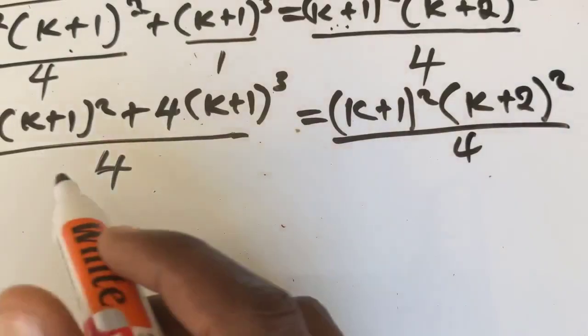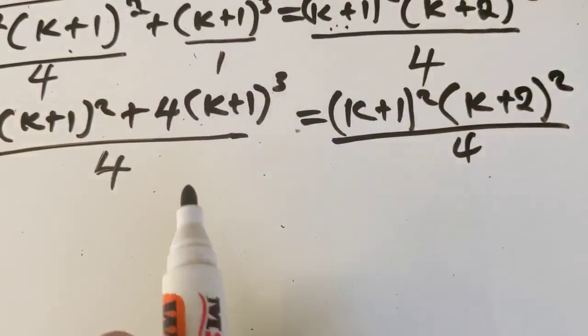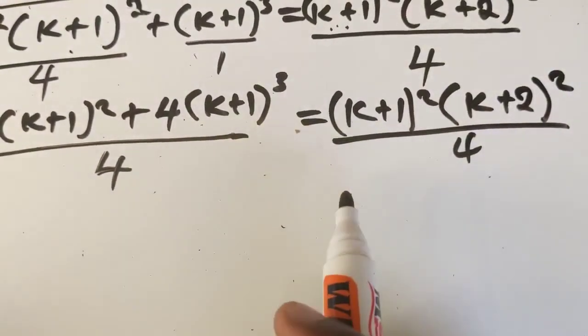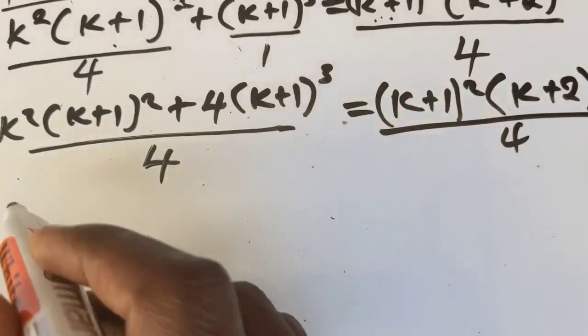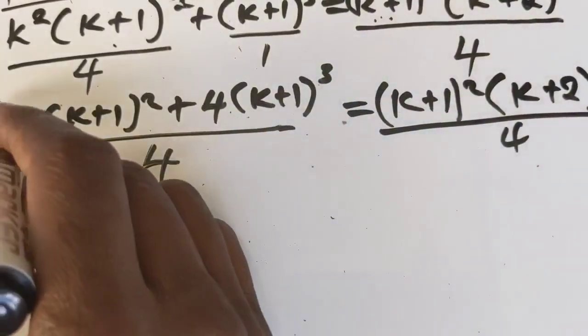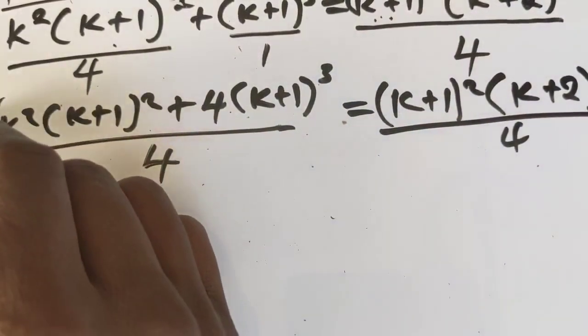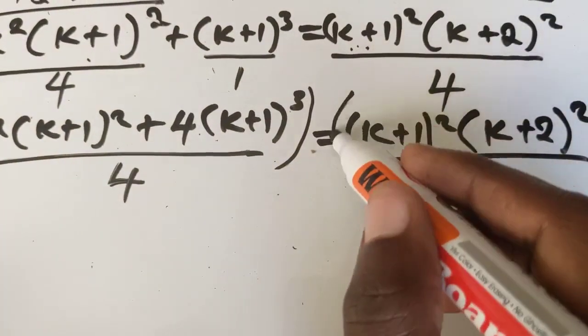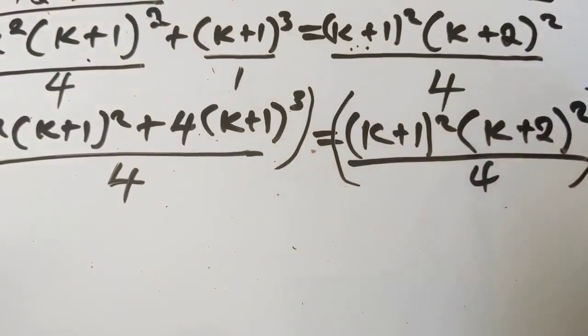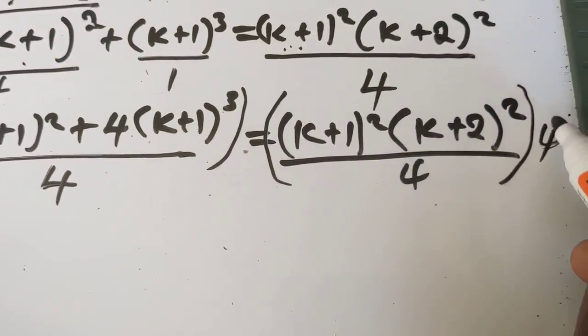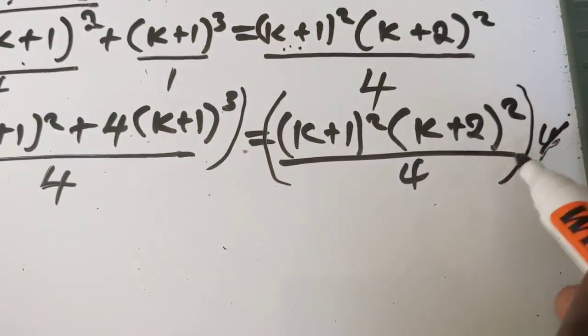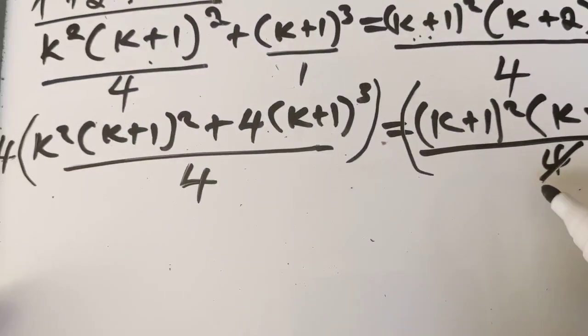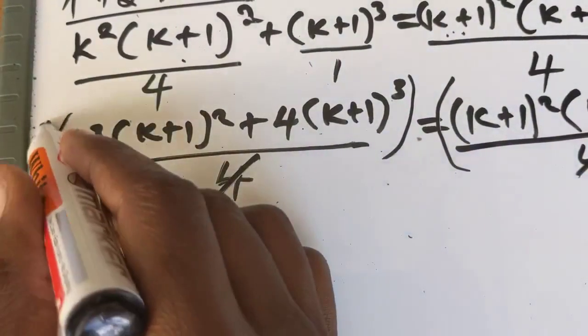To get rid of 4 from here, you just multiply this part by 4, even this part by 4. So this 4 will cancel that 4, as well as this 4 will cancel that 4.